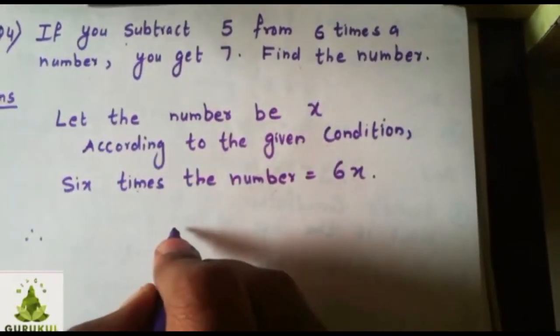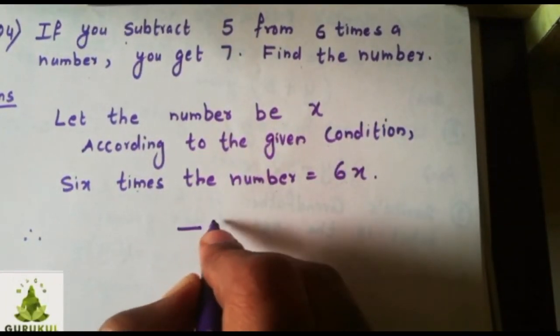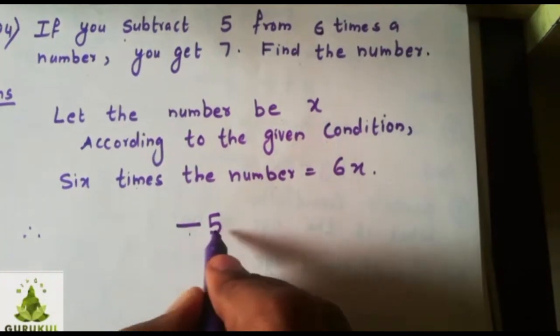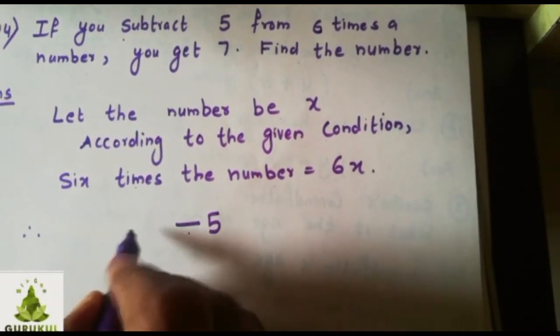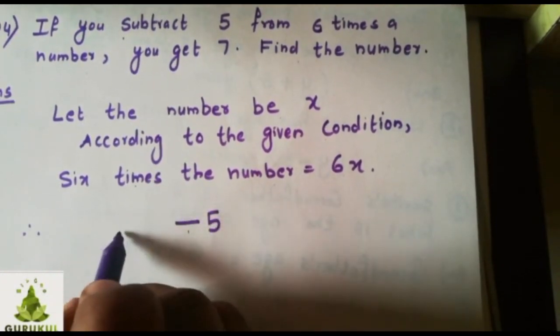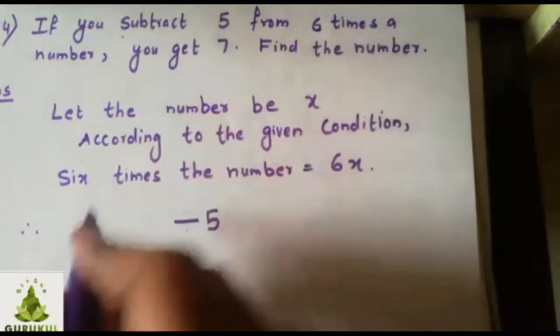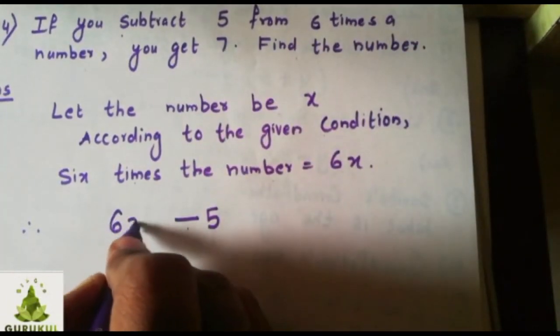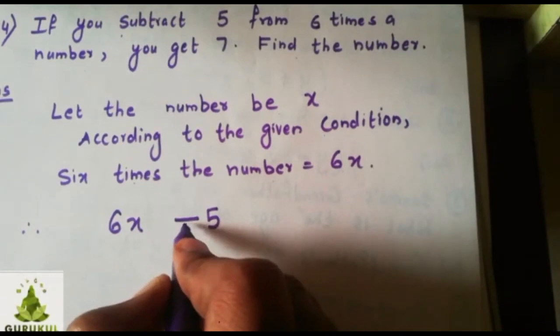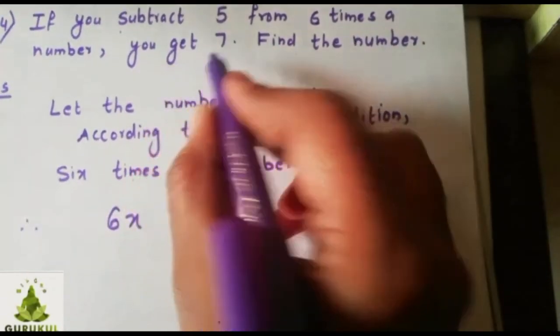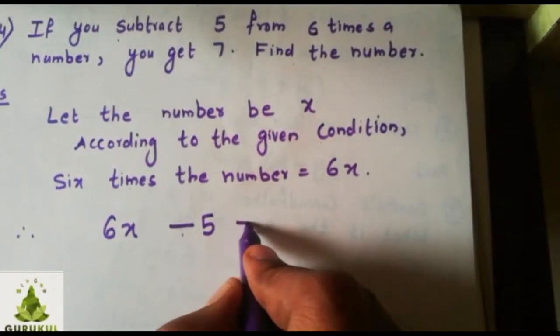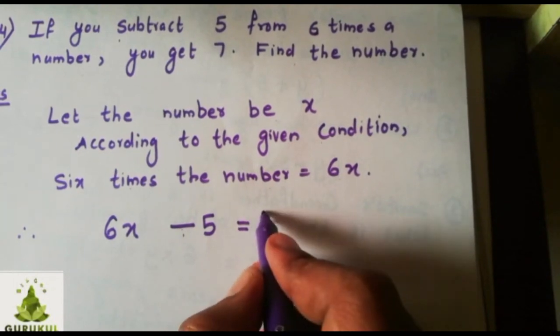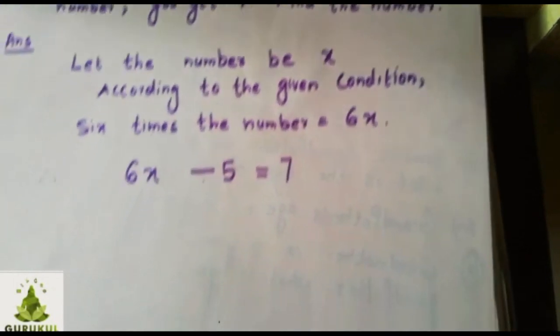If you subtract 5, it is to be subtracted from which number? That you should write here. From should be written first. From 6 times the number, means 6x, you have to remove 5, then you get the number 7. You get means equals to, then you get the answer as 7. So, this is the required equation.